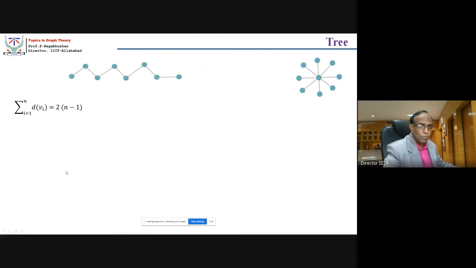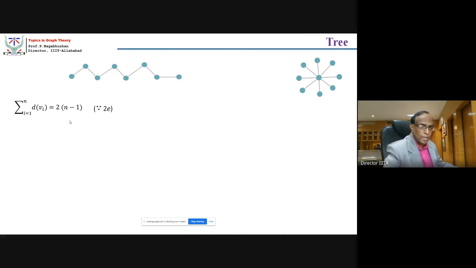Let us prove that. We know that sigma degree in any graph, or a tree being a graph, should be equal to twice the number of edges, and the number of edges is n minus 1, so twice n minus 1. You recall the definition, 2 times n minus 1. So that has got to be there.